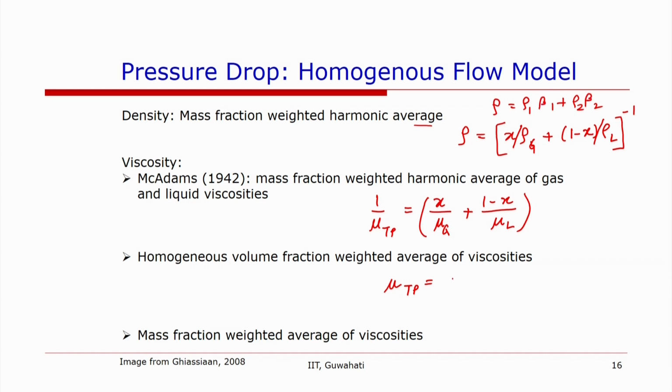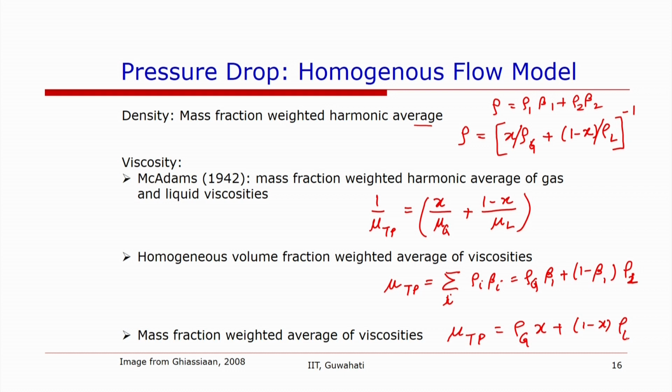So this will be the sum over i of rho i beta i, which is basically rho 1 beta 1 plus 1 minus beta 1 rho 2, where 2 is liquid and beta is for gas, so we have rho gas. Okay. And the mass fraction weighted average of viscosity, where mu TP is equal to rho gas x plus 1 minus x rho liquid.